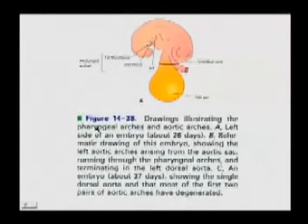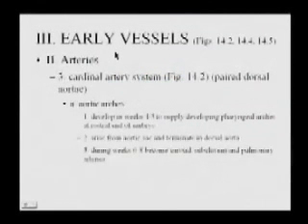So here in figure 14-38, we see the first illustration of the arches, and we will present the development of the arterial system starting with this slide in the next lecture.